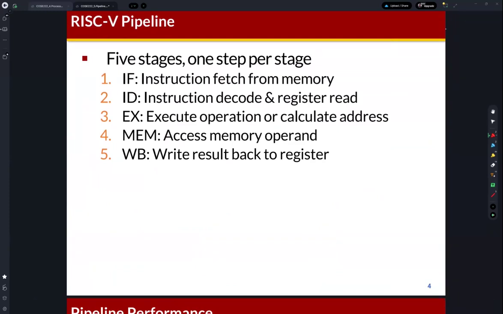CPU also executes an instruction using multiple steps. In the single cycle processor design, we learned that we can have 5 steps: instruction fetch, instruction decoding, execution, memory, and write back, right?